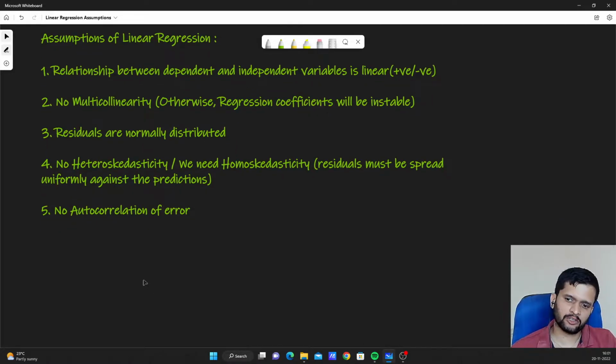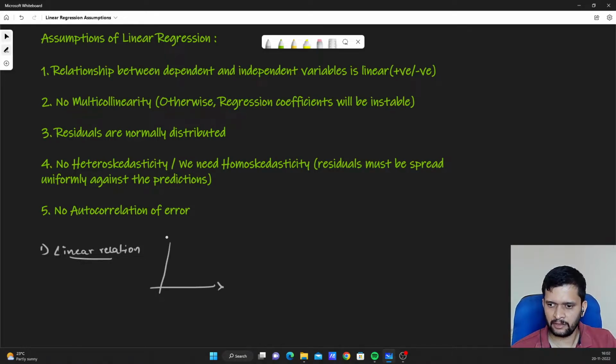So the first one talks about linear relationship. Okay, so it says the dependent and independent variables are linearly related. So what do we mean by this linear relationship, right? So if we plot the dependent against independent variables, so these are our independent variables or x's features, and this is our dependent variable, right, y.